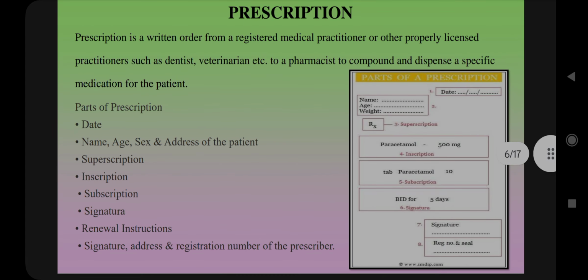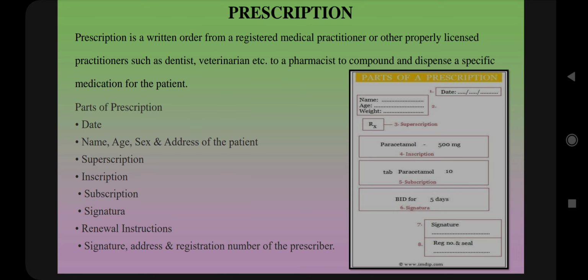Next is the prescription. Here I have mentioned one diagram, an image which includes the parts of the prescription. If we look at the prescription, first the date is mentioned, then we have to write down the name of the patient, age, weight, and gender, which some prescriptions also mention.